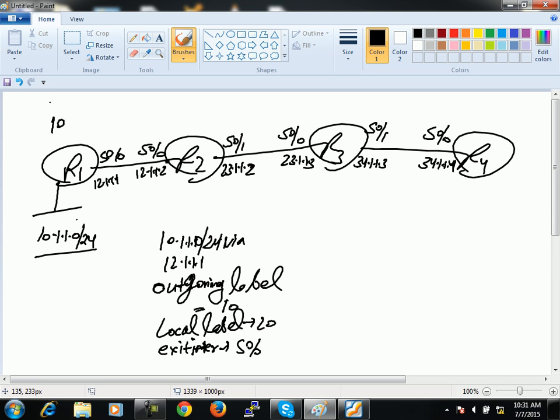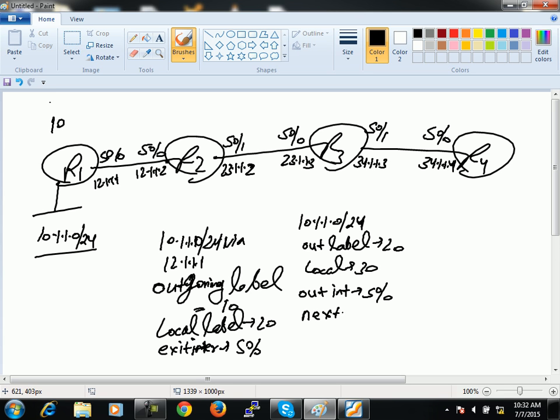Then R2 will inform its neighbor router R3 that if it wants to reach 10.1.1.0/24, the outgoing label is going to be 20, and let's say the local label is now 30, and then the outgoing interface is S0/0, and the next hop will be something like 23.1.1.2.